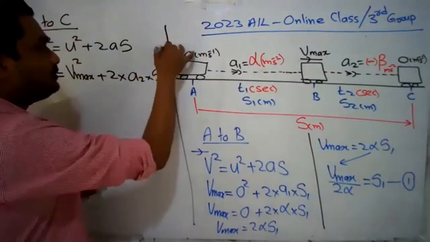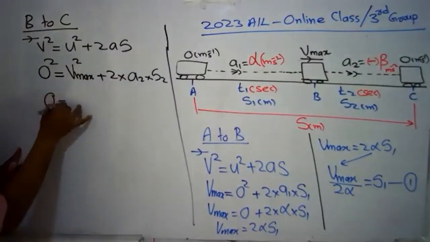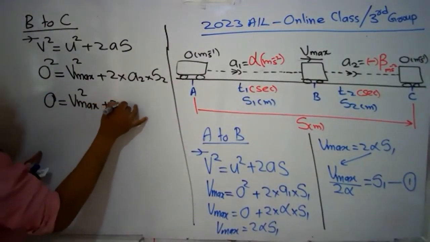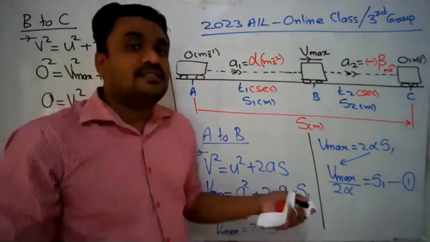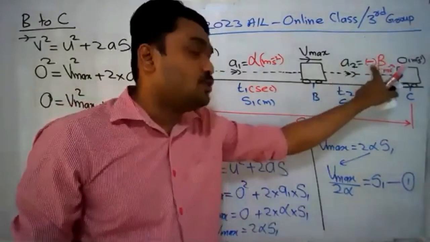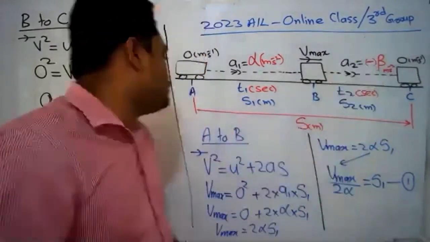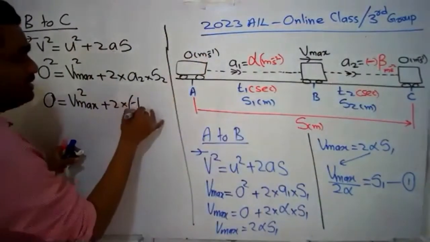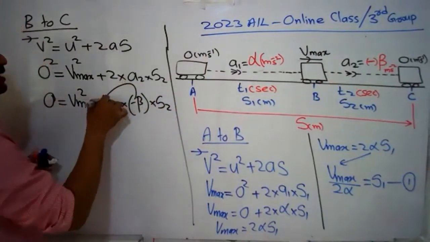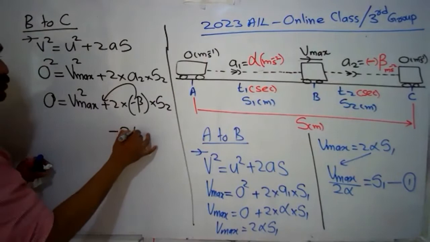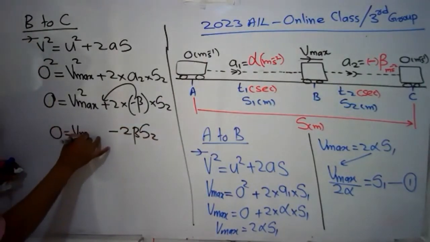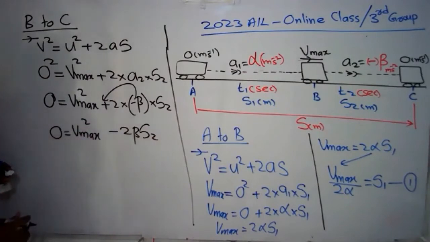So 0 square is 0, Vmax square plus 2. A2 is acceleration, but B to C has a deceleration of beta, therefore we should write a minus sign for A2. So it is minus beta into S2. Minus into positive gives minus, so you get minus 2 beta S2. The 0 will not change, the Vmax square will not change.